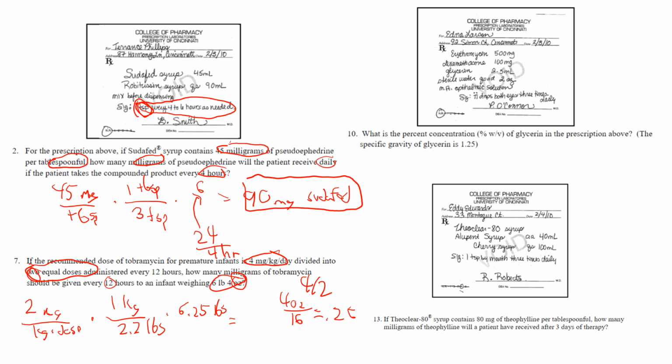So we'll take 2 divided by 2.2 times 6.25. Then we get 5.68 milligrams. That's how many milligrams are in a dose of tobramycin.